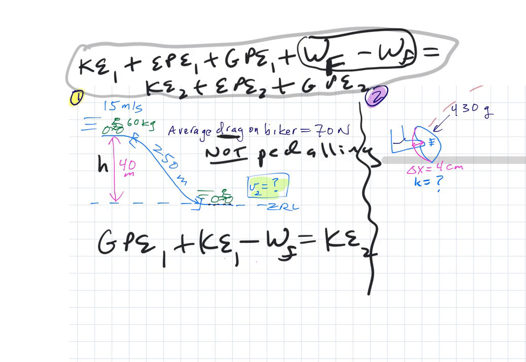Okay, so let's now break it down. MGH plus mv squared over 2 minus, okay, that'd be friction times distance, or drag times distance, equals m v squared over 2, final speed.